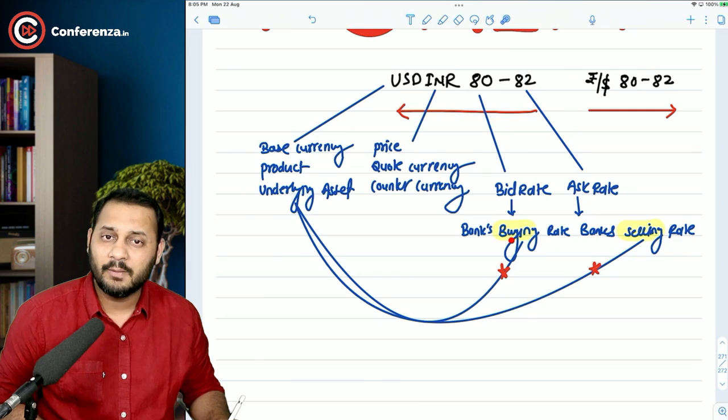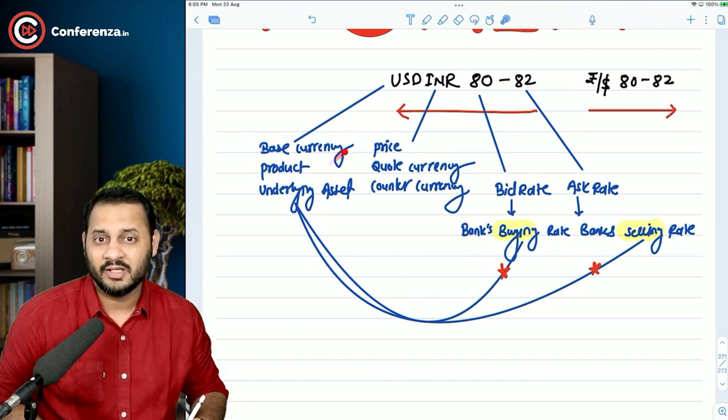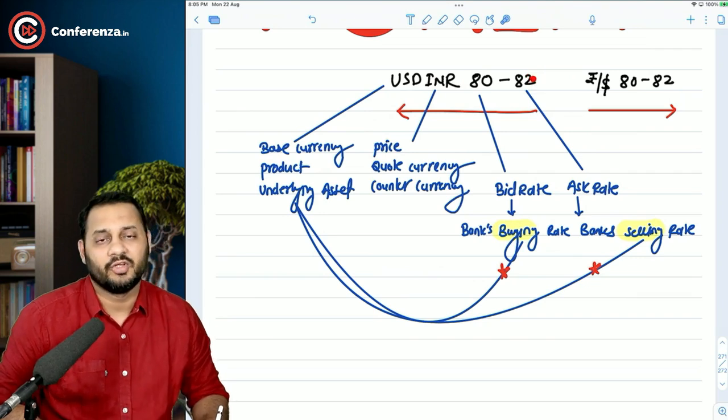Whereas this is not the buying rate for rupees. Focus on once again what I said. This is not the buying rate for rupees. This is the buying rate for the asset, and the asset is dollar in this case. So the bank is buying dollar at this rate and selling dollar at this rate.